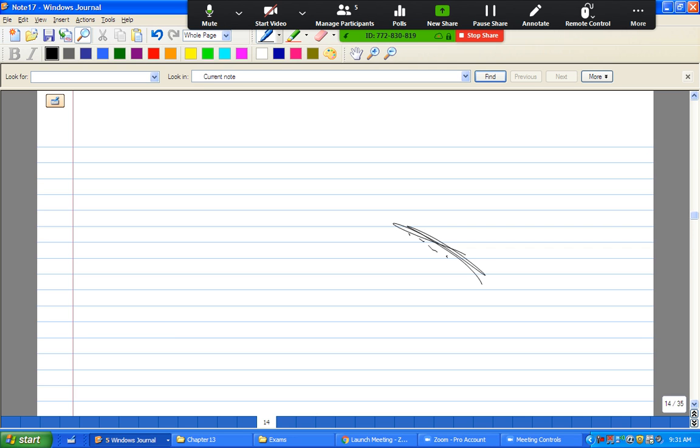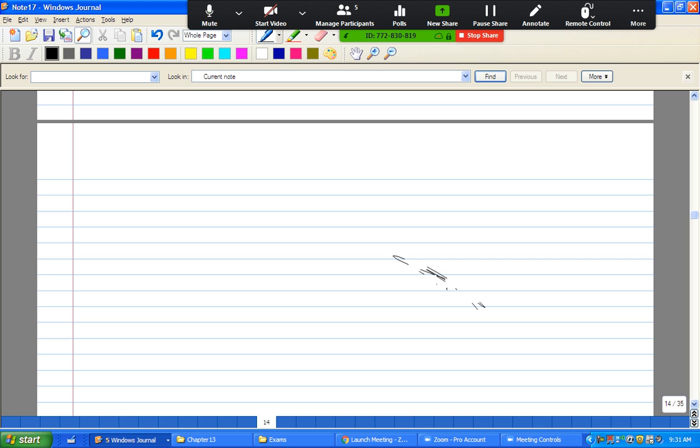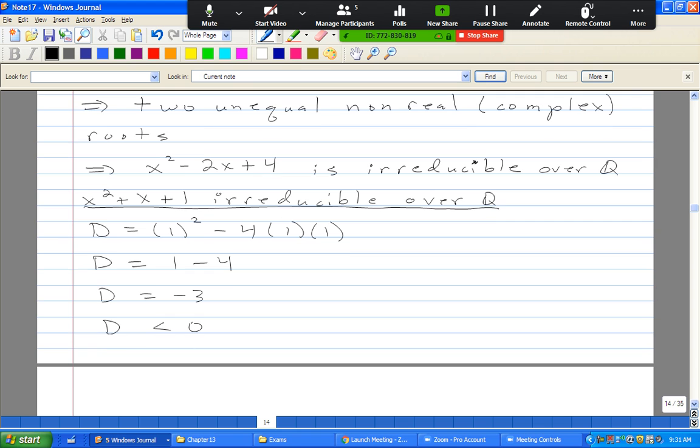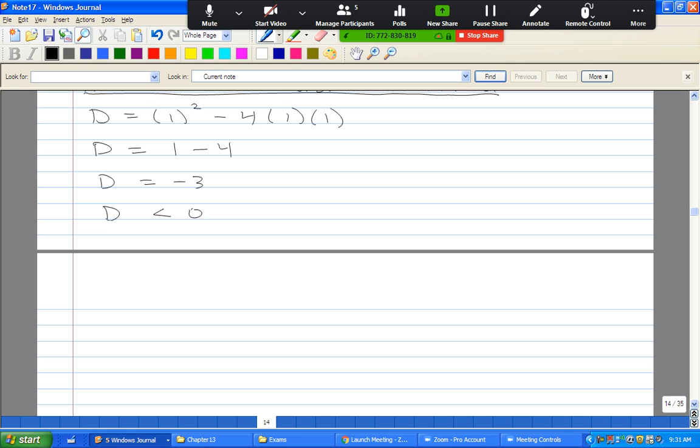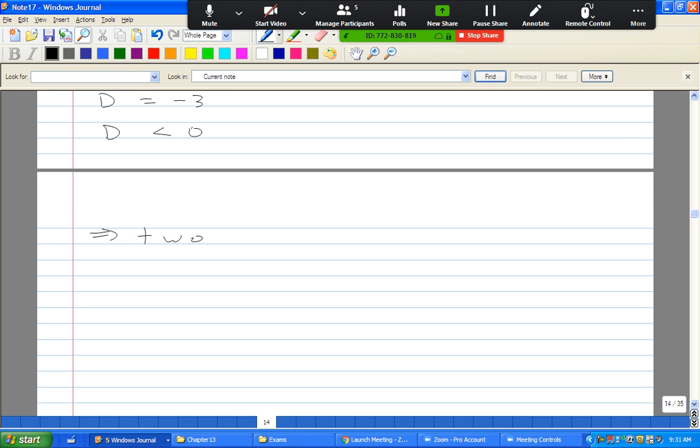Let me see if I can get control back of my screen. Okay, so since the discriminant is less than 0, this means that there are two unequal non-real complex roots.